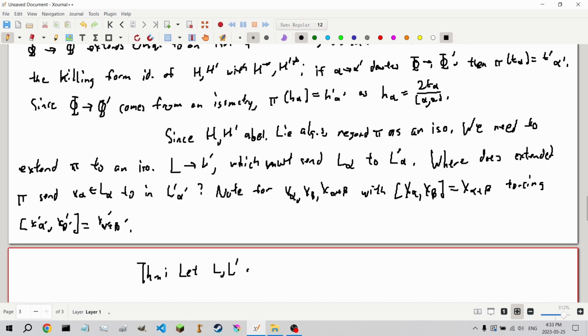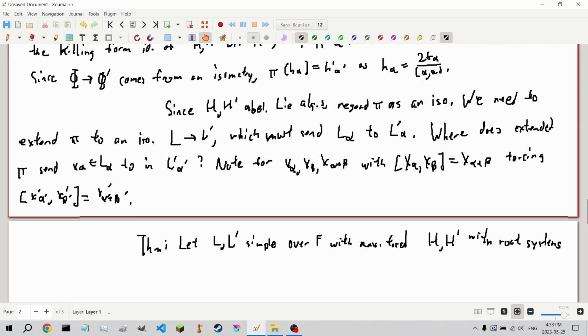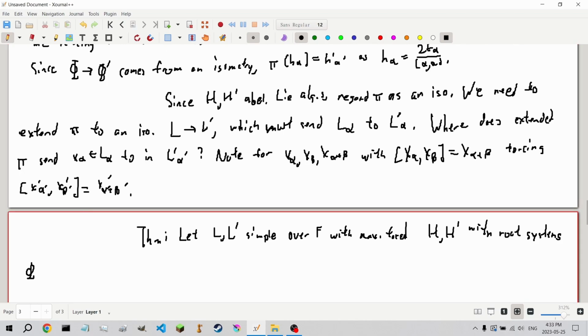Let L and L prime be simple Lie algebras over F with maximal toral subalgebras H and H prime with root systems phi and phi prime.